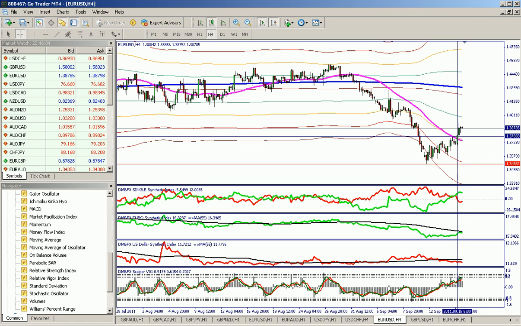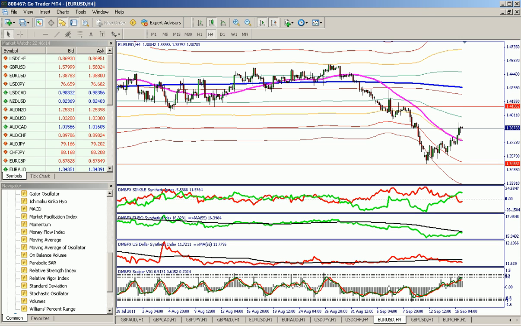Okay, so we have the support line here, and then you can probably identify a resistance zone here, which is the first resistance zone.